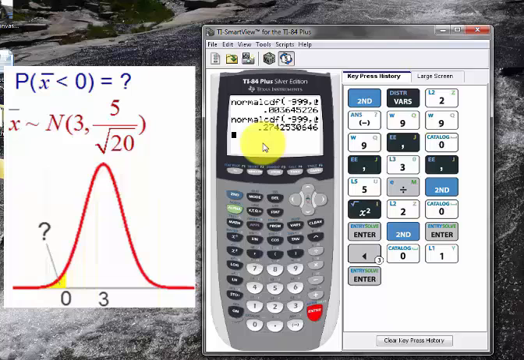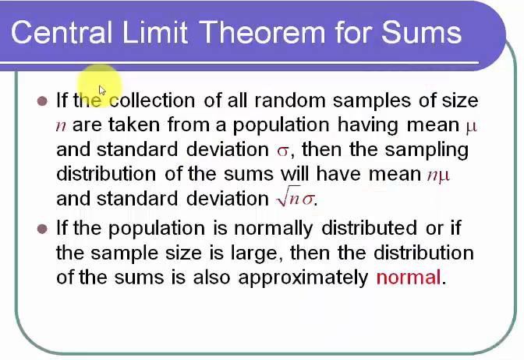So now let's go back and talk about a couple more details of the central limit theorem. Okay, what we have already done is we've looked at the probability that x bar will be less than a number, greater than a number, between numbers, however that might be. Sometimes instead of an average, you're more interested in the total.